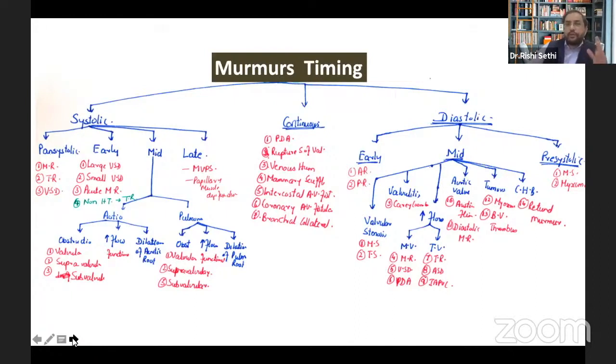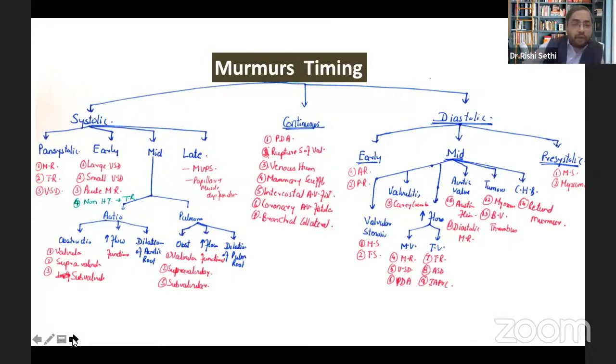So we must know the timing of the murmur, and we must know the differential diagnosis. For example, a pan-systolic murmur should start with S1 and continue up to S2. So both heart sounds should be involved, and classic examples are mitral regurgitation, tricuspid regurgitation, and ventricular septal defects.